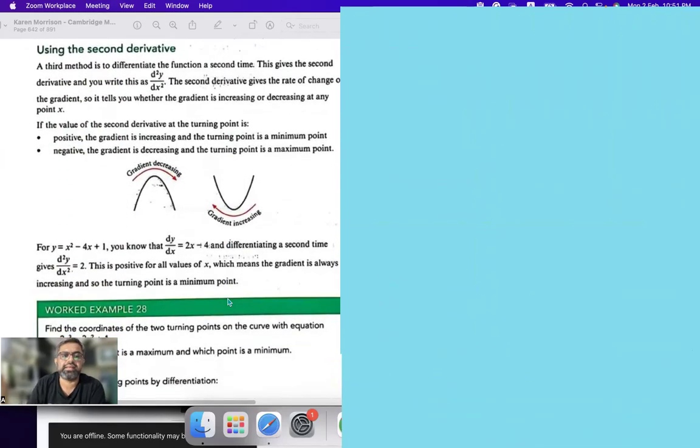So using the second derivative, for example, we have the equation x square minus 4x plus 1. We have already done this actually. Let me write it down here. For x square minus 4x plus 1, the first derivative dy by dx is 2x minus 4. We put it equal to 0 to find its turning point. x is equal to 2.